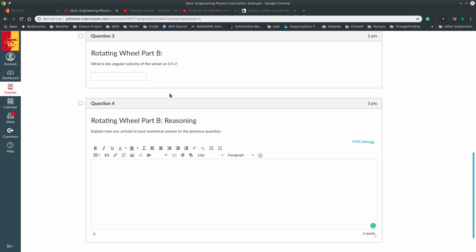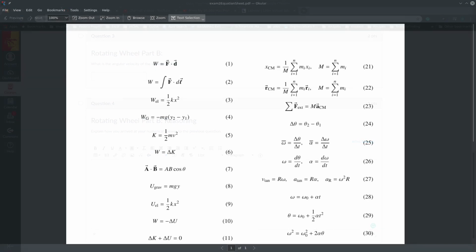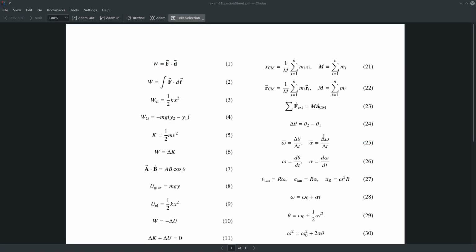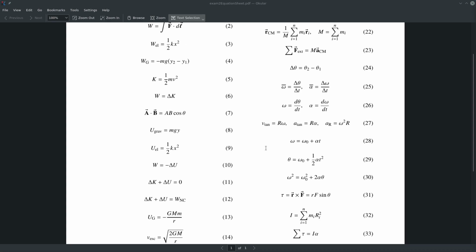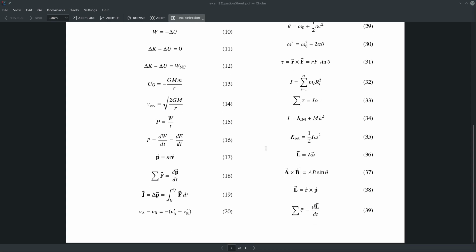When you sit down to take the exam tomorrow, I would recommend that you have some paper available so that you can actually solve out these problems. You can do your work on a piece of paper to arrive at your numerical answer, and also make sure again that you have some easy way of viewing the equation sheet as you're working through the exam.